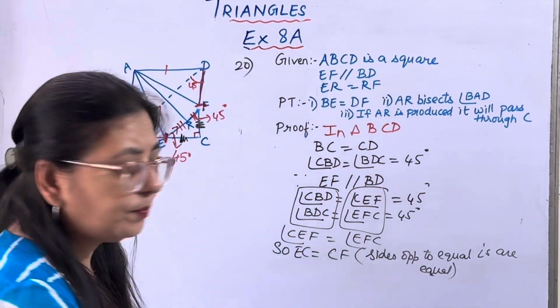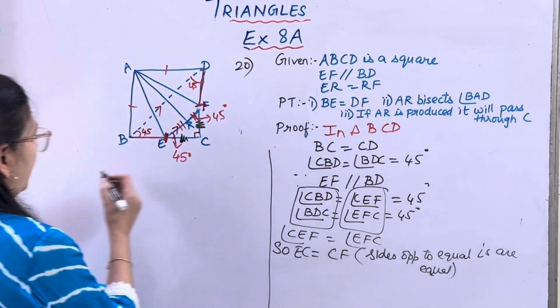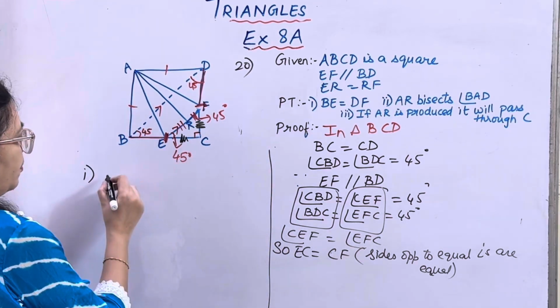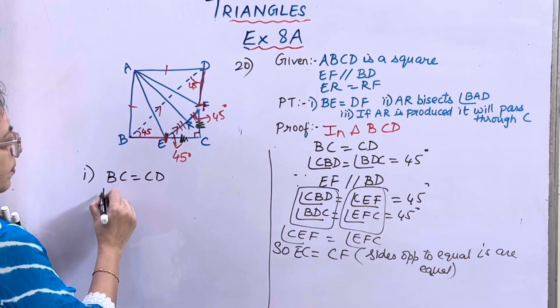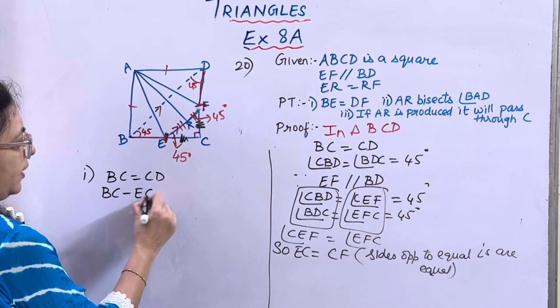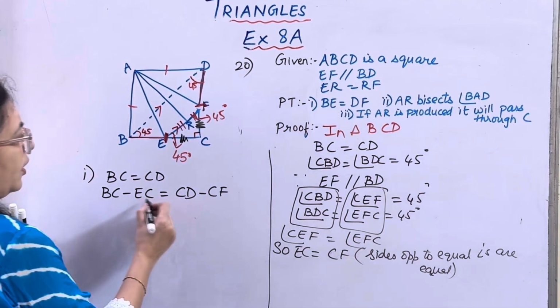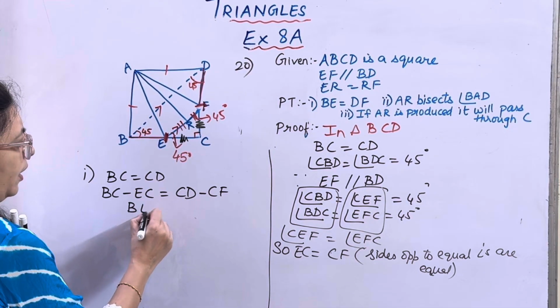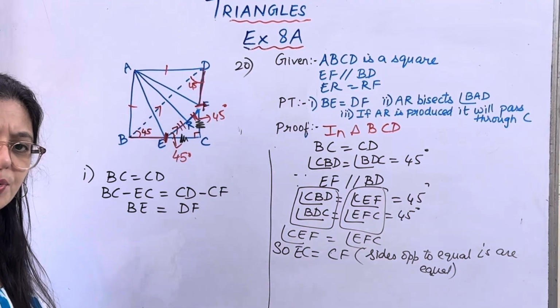I hope it's clear. So now we can prove the first part. BC is equal to CD. BC minus EC is equal to CD minus CF, which means BE is also equal to DF. The first thing you have proved.